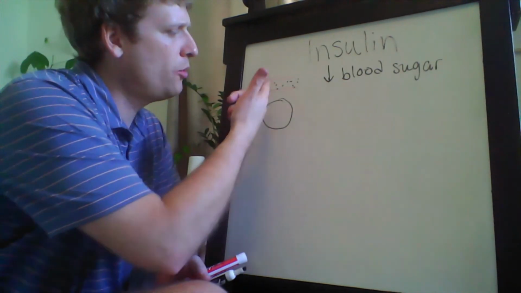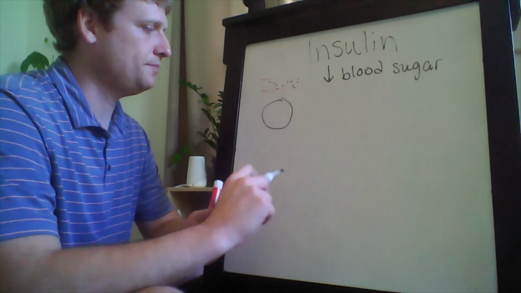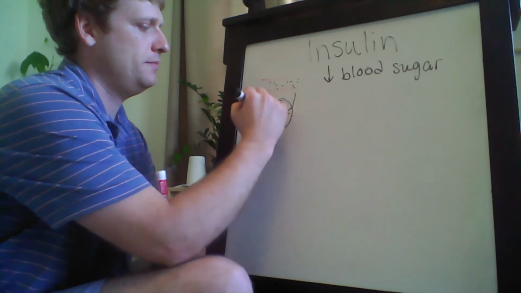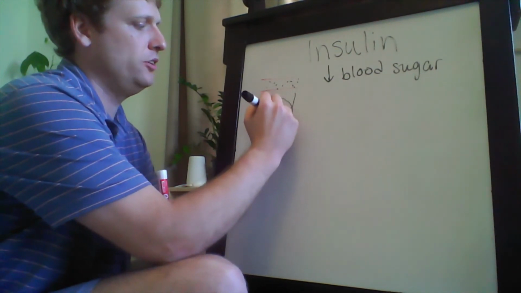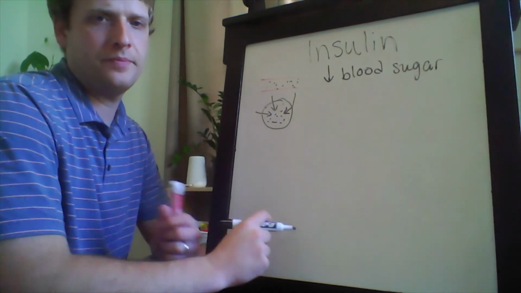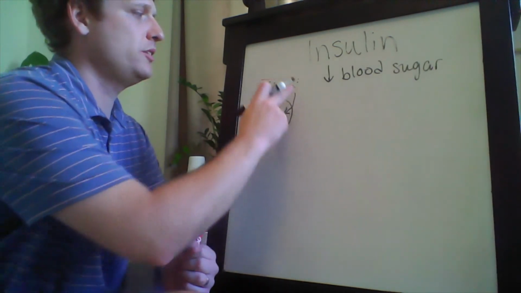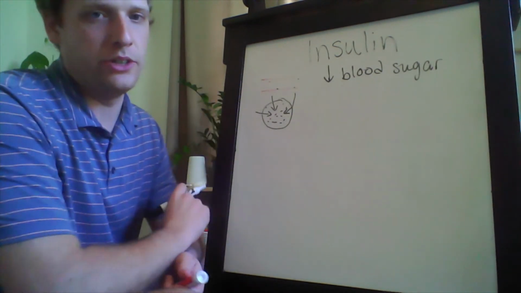How you lower that blood glucose level is by causing cells to take up that glucose from the blood. When a cell removes glucose from the blood, that's going to lower blood glucose levels.